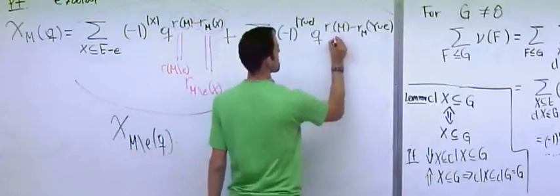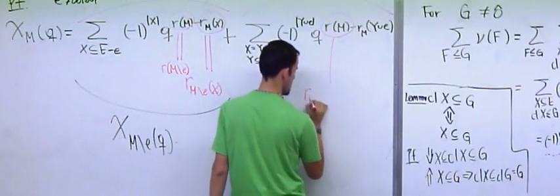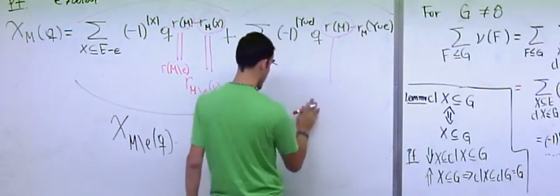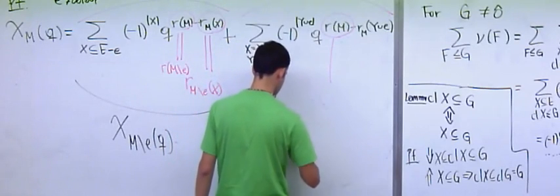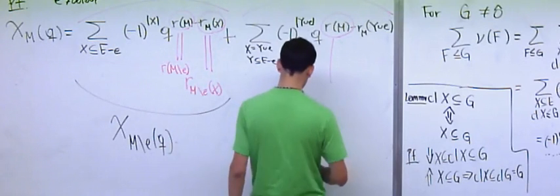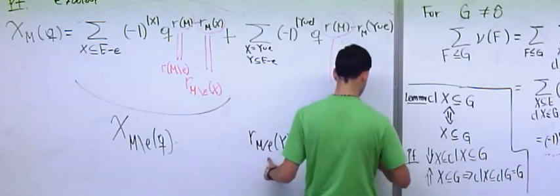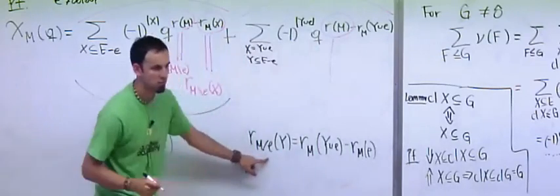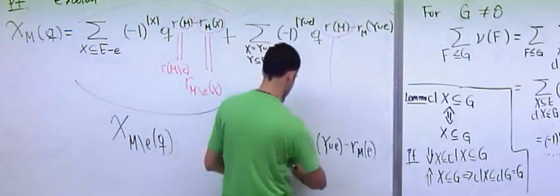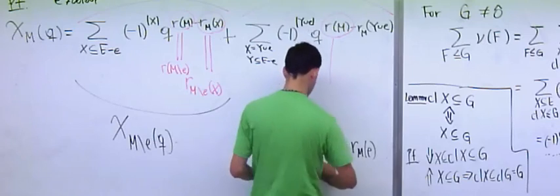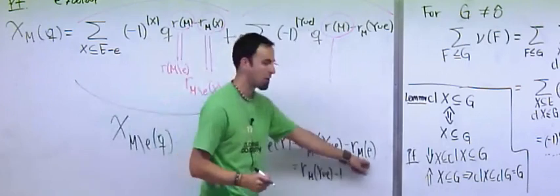For this one, the rank, remember that the rank in the contraction of Y is equal to the rank in the matroid of Y union e minus the rank in the matroid of e. This is how rank works for contractions. And I leave this alone, and this is 1, because e is not a loop.